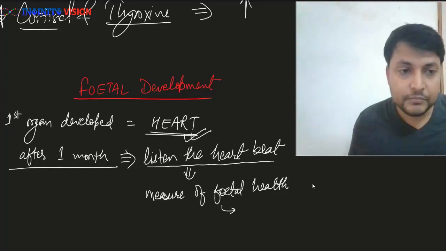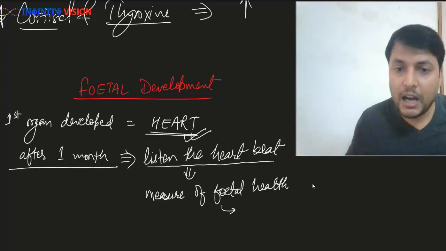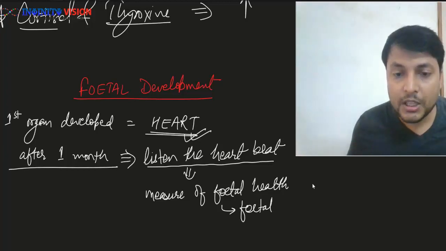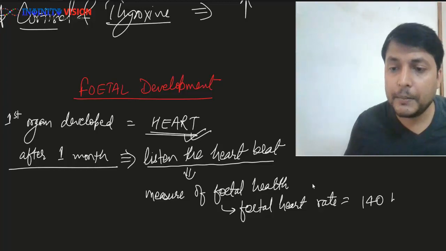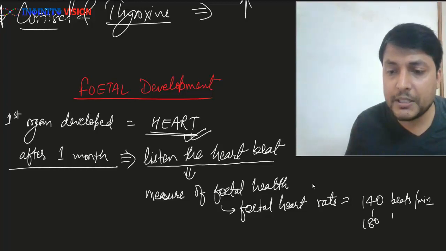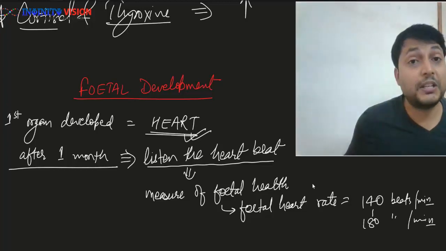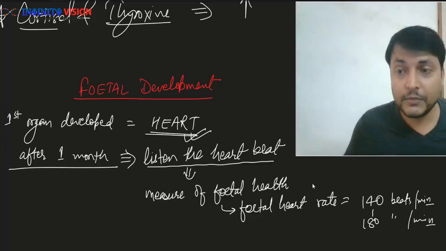Now in this case, the fetal heart rate is about 140 beats per minute to almost 180 beats per minute. So the fetal heart rate is really very, very high.